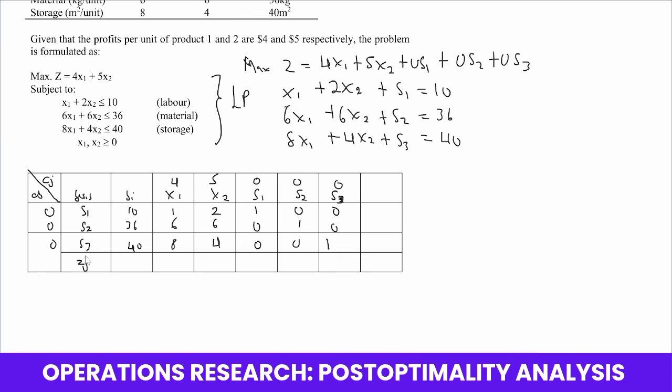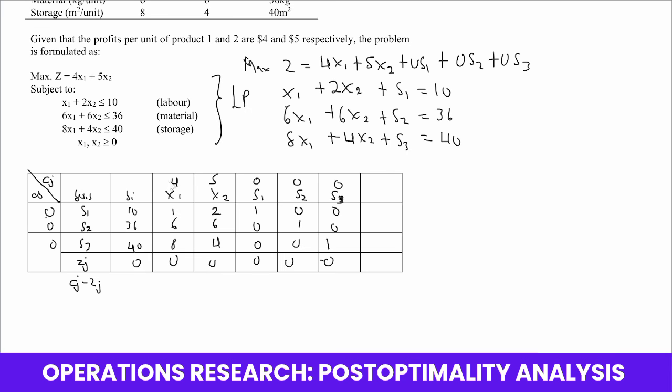So the coefficient of S1 is 0. So 10 times 0 plus 36 times 0, because we have all the CB values to be 0, which means that we are going to have 0 for all our variables. So we calculate for CJ minus ZJ.